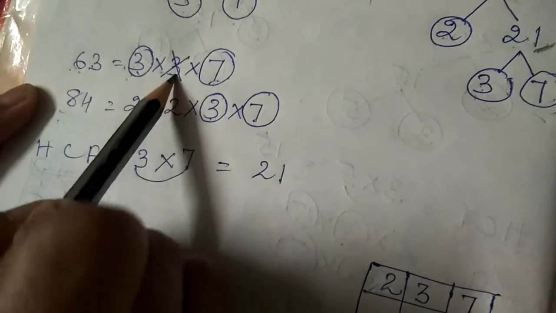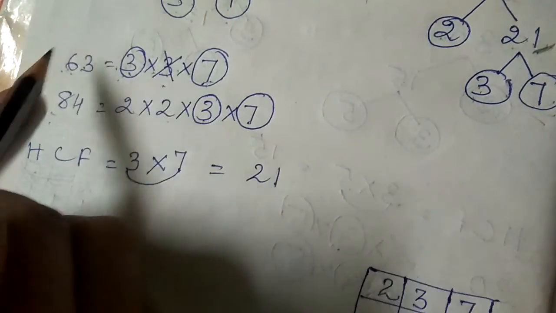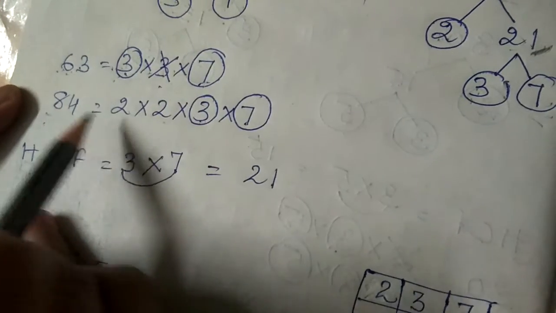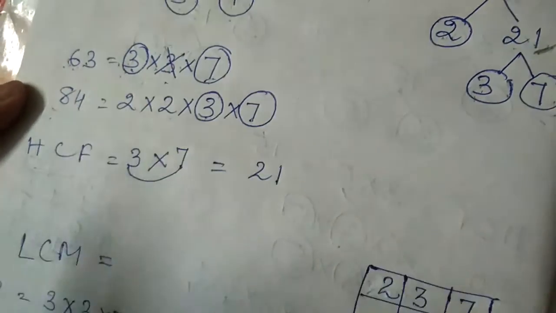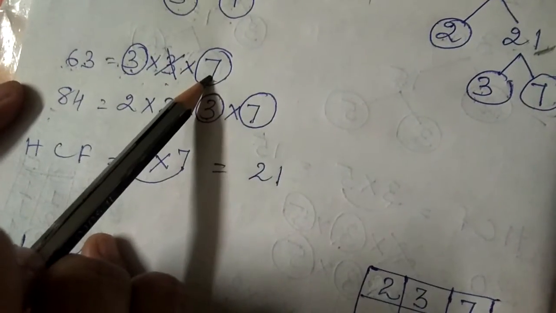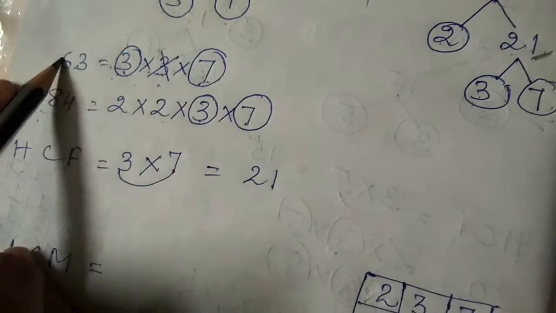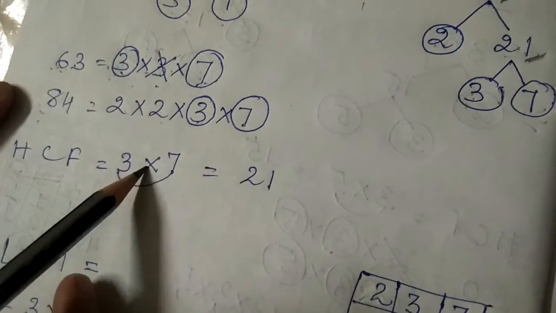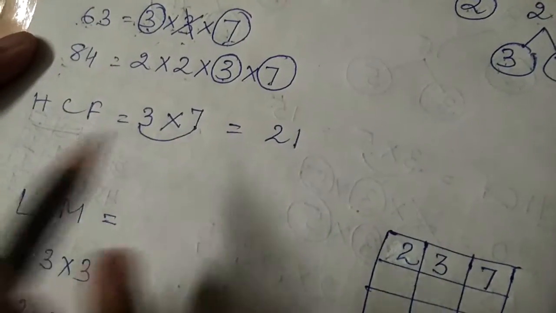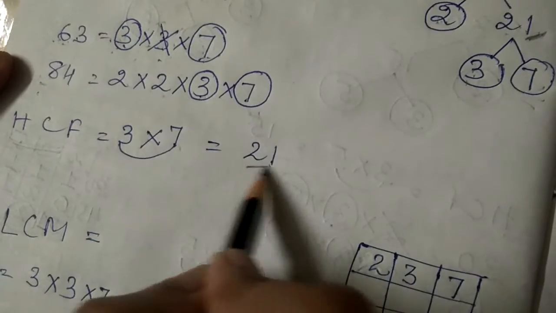Now this other 3 is coming in 63 but it is not coming in 84, so we will not take this, we have marked it with a cross. Now we are coming to 7. 7 is common in both the numbers, 63 as well as 84. So 3 multiplied by 7 gives us 21. So this 21 is our HCF.